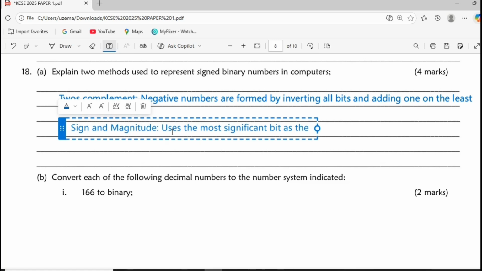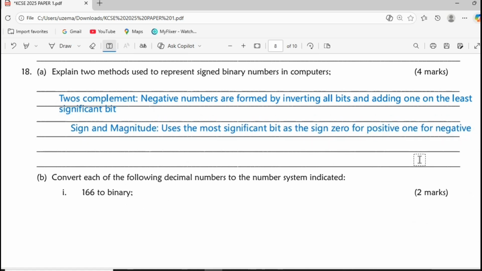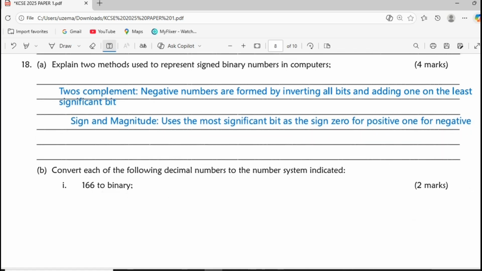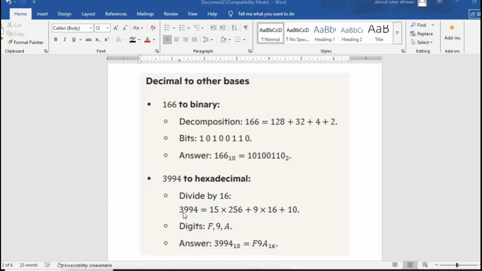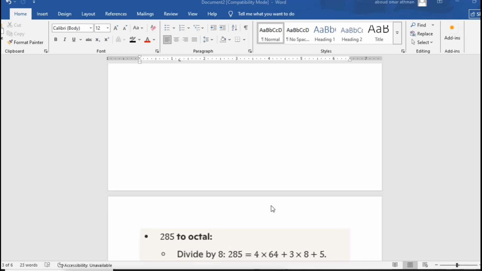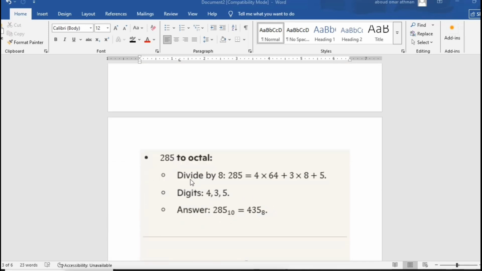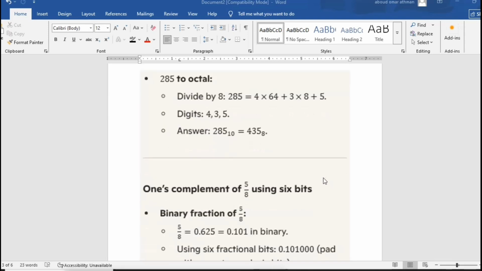Since they are moving from base 10 to base 2, you divide the decimal number repetitively by 2 until the number is no longer divisible, and then you pick the remainders from bottom up, and that is how to convert the numbers to their respective bases.